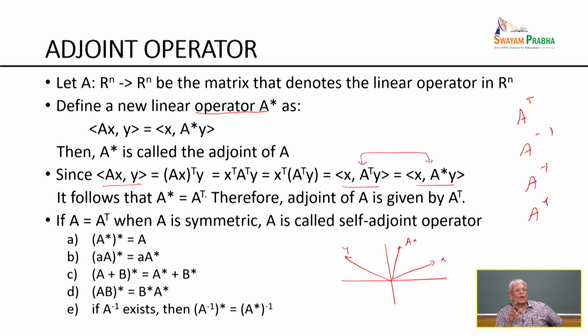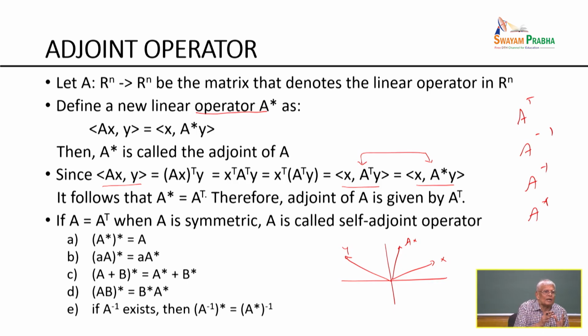So one interpretation of adjoint is that the transpose of a matrix is called the adjoint of the matrix. Everybody? Adjoint is essentially defined by this equality. So it follows that adjoint is a transpose. And what are the properties of adjoint?